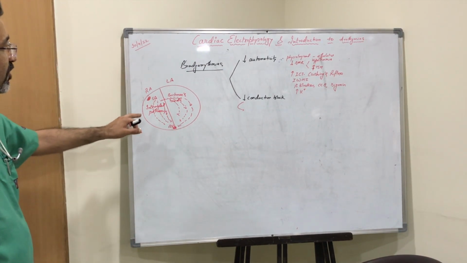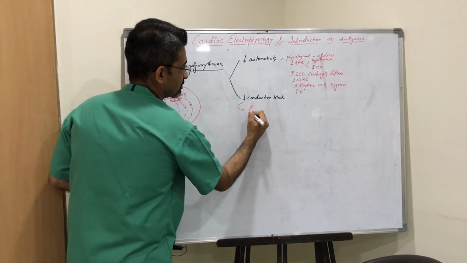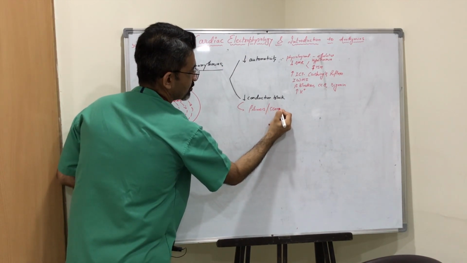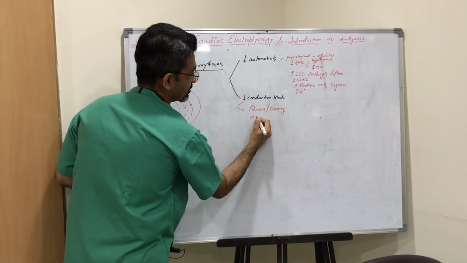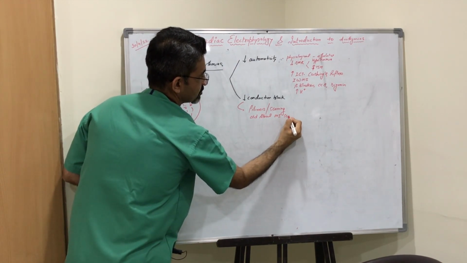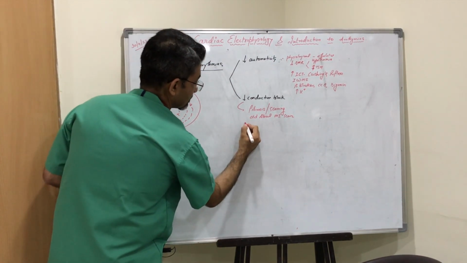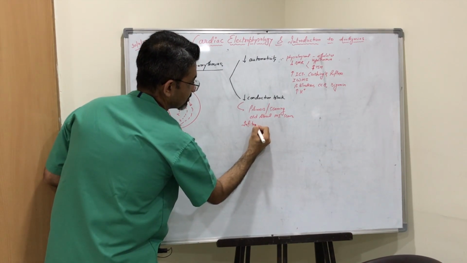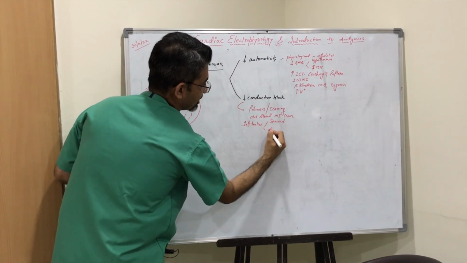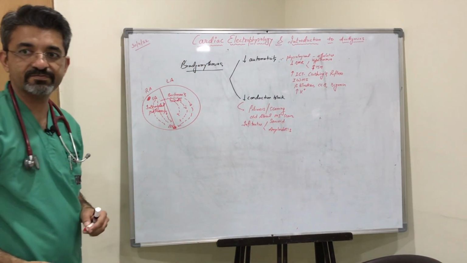So you can have problems in these bundles per se. So there can be fibrosis or scarring, old atrial MI scar, right? You can have infiltrations, say for example sarcoidosis, amyloidosis, right?